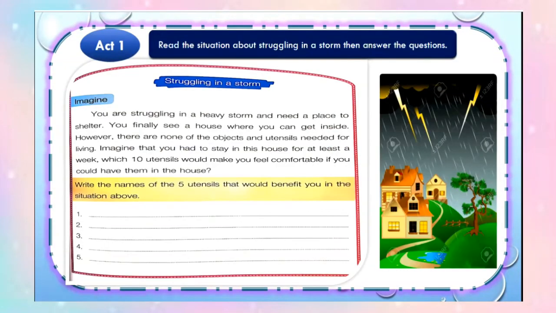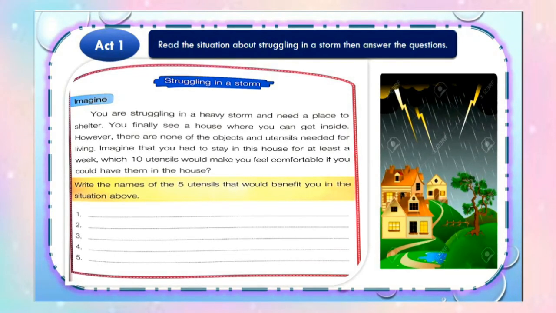Now for your activity, this is your homework. I want you to complete this answer. Okay, struggling in a storm. Imagine you are struggling in a heavy storm and need a place to shelter. You finally see a house where you can get inside. However, there are none of the objects and utensils needed for living.